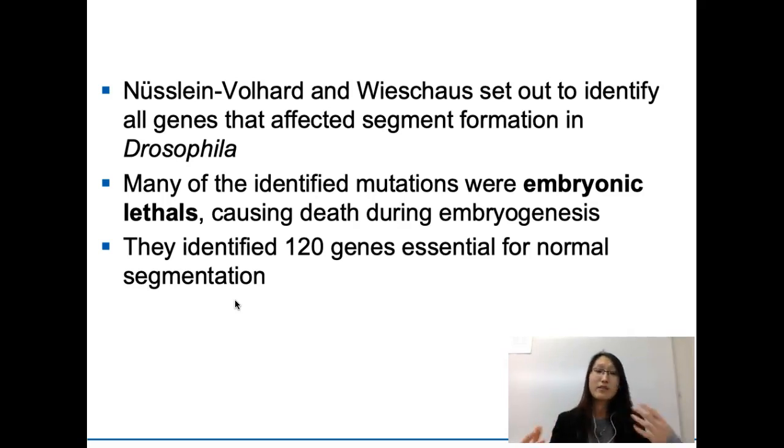But because of this understanding of how these genes work, first off, we all have a common ancestor, so probably some of these 120 genes that are expressed in Drosophila that have a certain function for normal segmentation or pattern formation for fruit flies might be common or very similar to what we have.